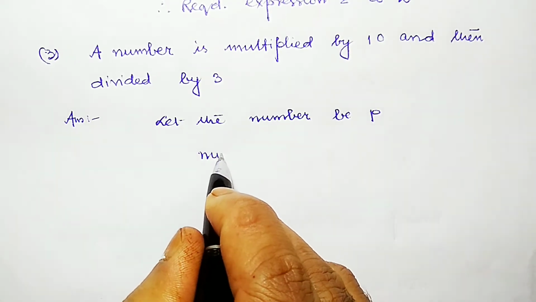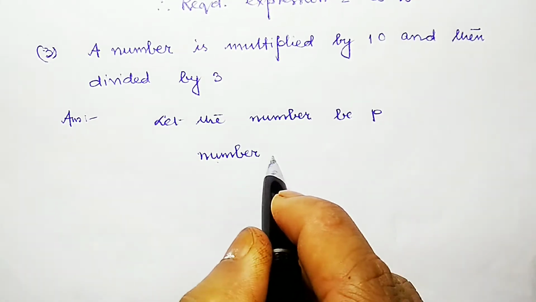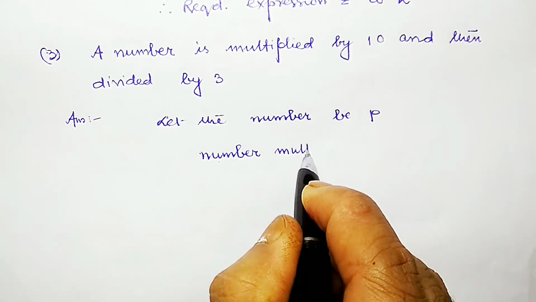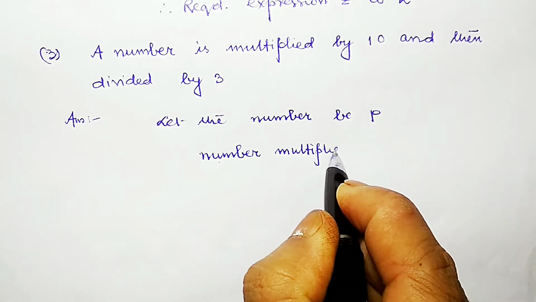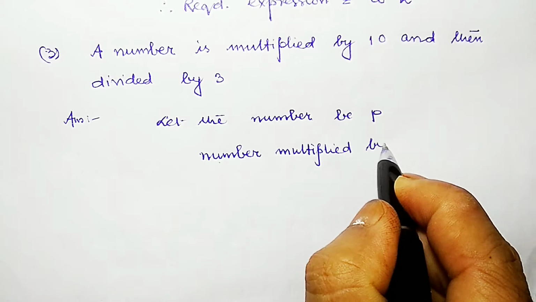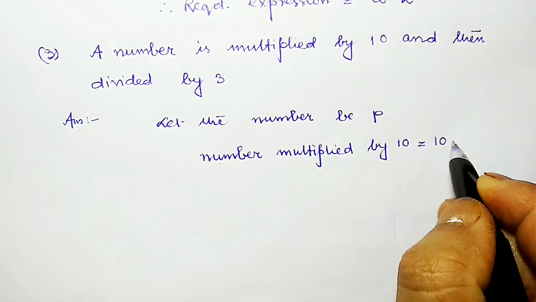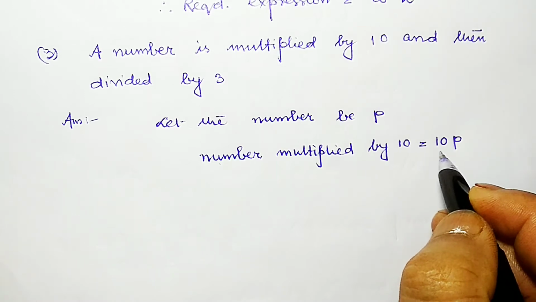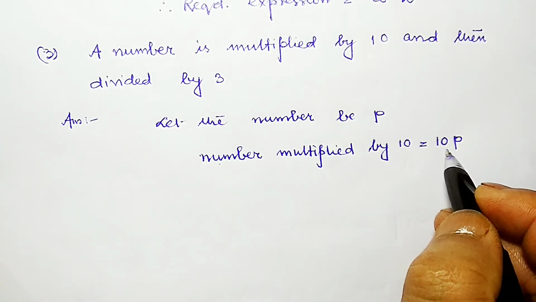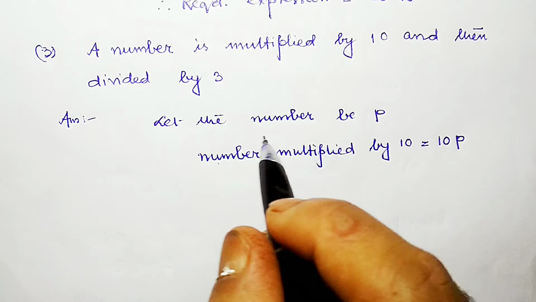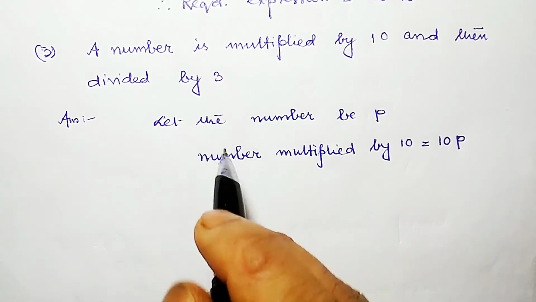So the number multiplied by 10, that means it will be 10p. 10p means 10 into p. Into we do not write in case of algebra, and then it is divided by 3.